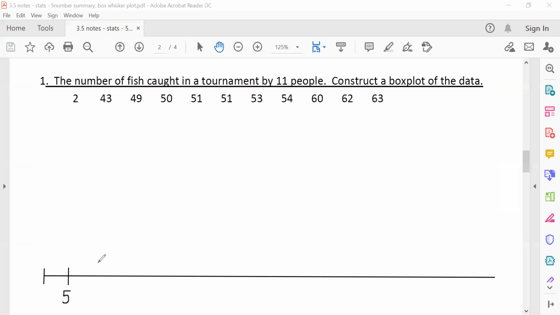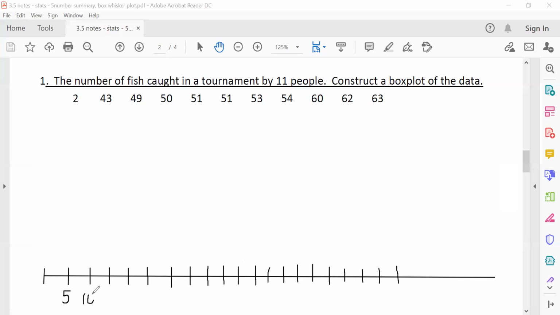There you go. 10, 15, 20, 25, 30, 35, 40, 45, 50, 55, 60, 65, 70, 75, 80, 85, 90, 95, 100, and that's probably good.